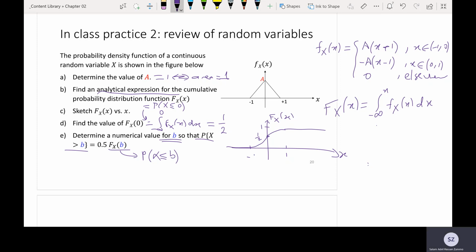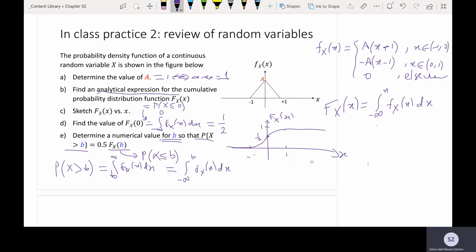What is the probability that X is larger than b? It's the integral from b to infinity of f_X(x) dx. And this needs to be equal to half the probability, the integral from minus infinity to b of f_X(x) dx.